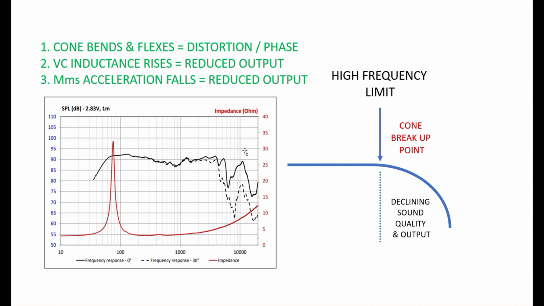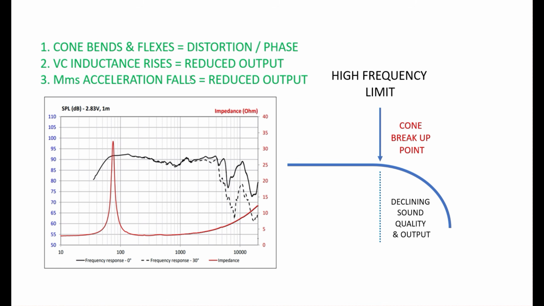And we can kind of see this in the frequency response and impedance curve when you look at your speaker technical data sheets, right? If they provide this little plot. So in black is the frequency response. You can see that it's kind of falling off around about here. The output starts to take a huge nosedive, and that is because of the inductance, which is here in red, starts to go up.